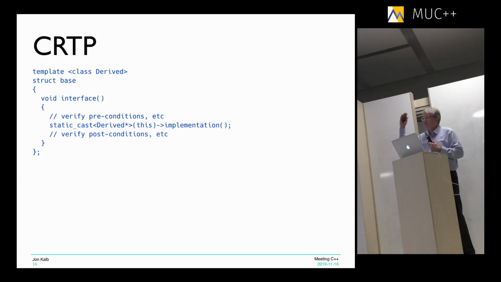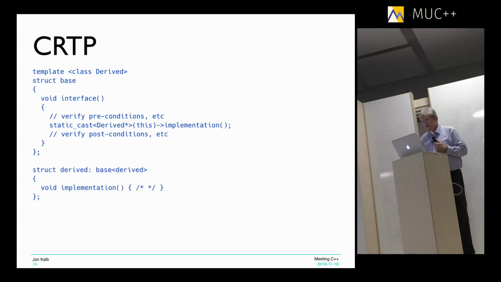It's in the derived class's interface. So we have to cast ourselves to be the derived class object, which we know works because the point of this template is that it's templated on whatever the derived type is. That's what the curiously recurring template pattern is for. And then we can do whatever post-condition verification.